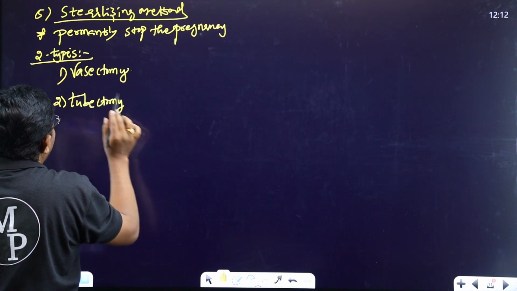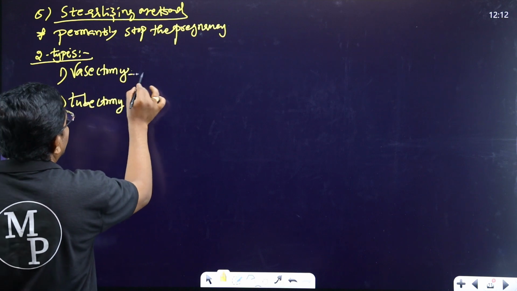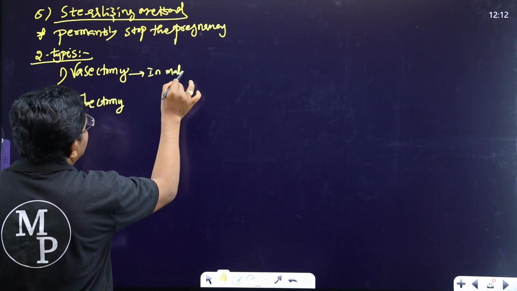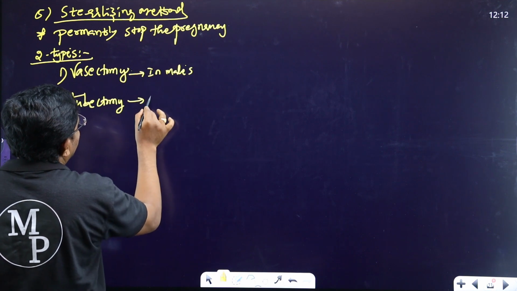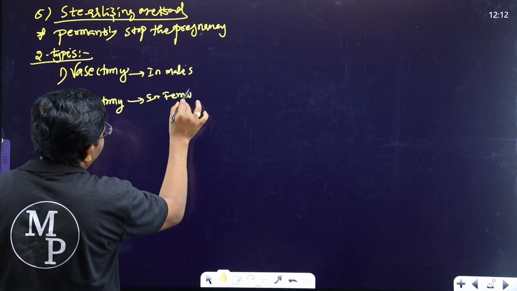Vasectomy is implemented in males, and tubectomy is implemented in females.